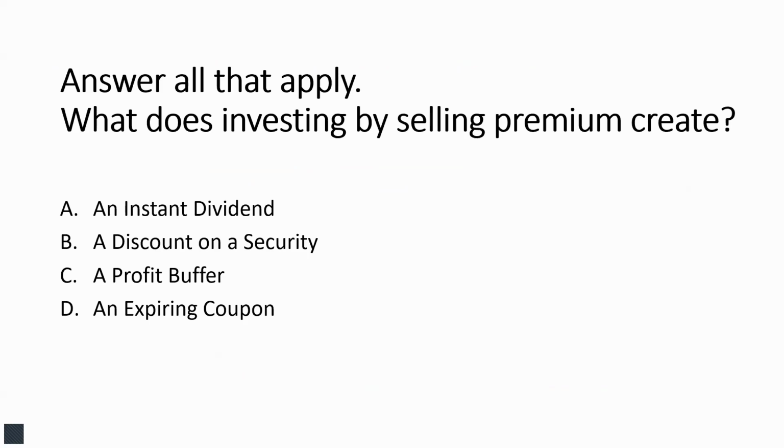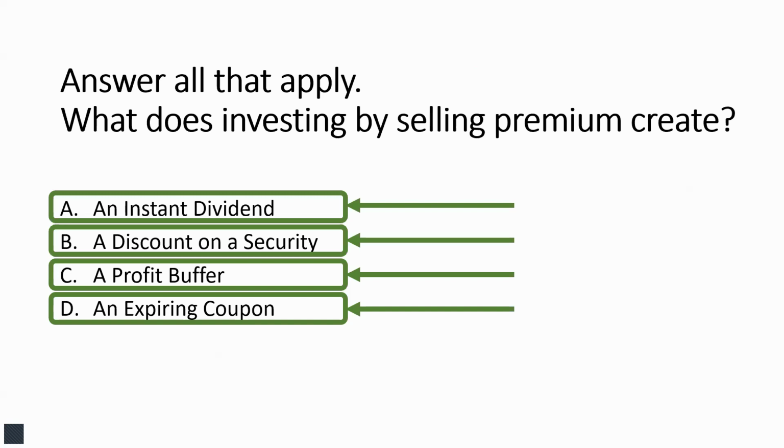Does it act like an expiring coupon? Which is it? Or which ones? I'll give you a second to think on that. Now, if you answered all of them, you're spot on. That's exactly it. It's all of these, and I kind of mentioned them, but I just want to see if you were paying attention.